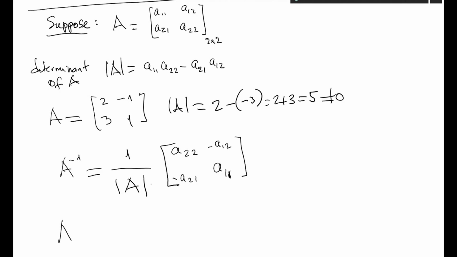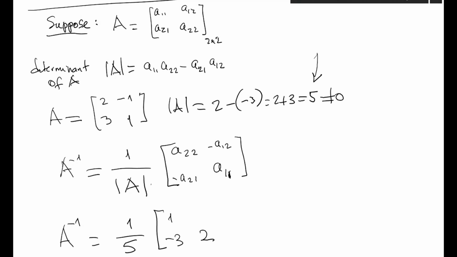See what happened in our example. The determinant gives us 5. Then A to the minus 1 is 1 divided by the determinant, and the matrix here is interchange those two, and you get 1, 2 in the main diagonal, and change the sign of those over here in the secondary diagonal.